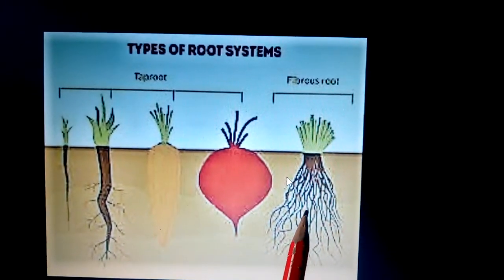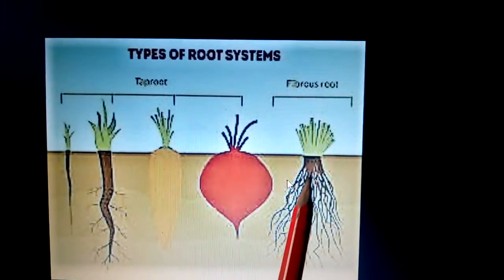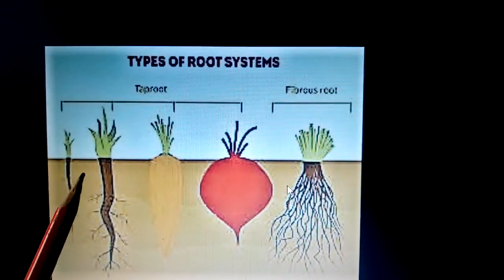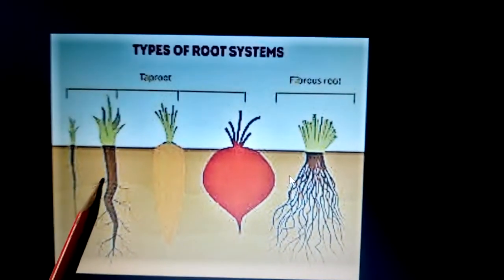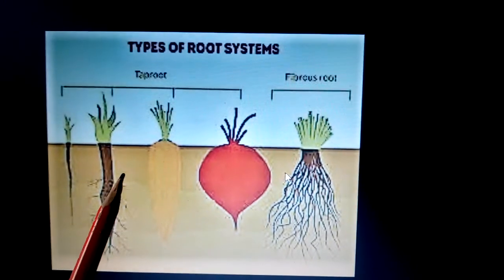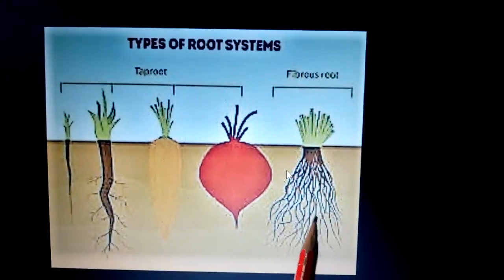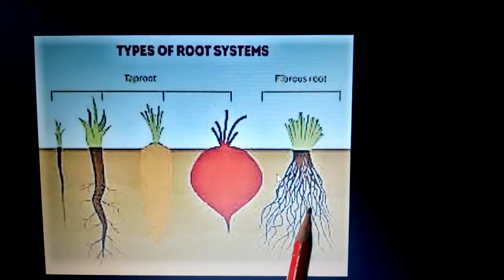Fibrous root generally helps us to prevent soil erosion.